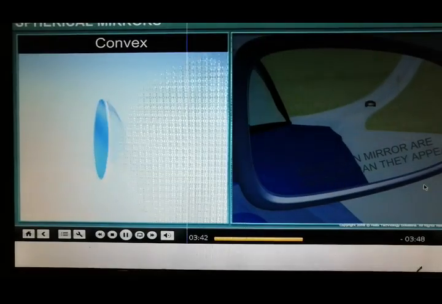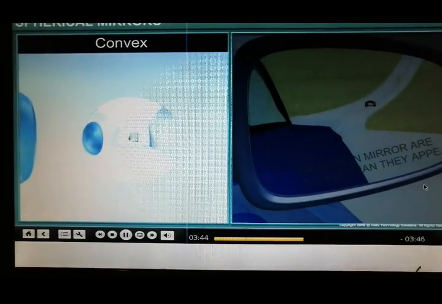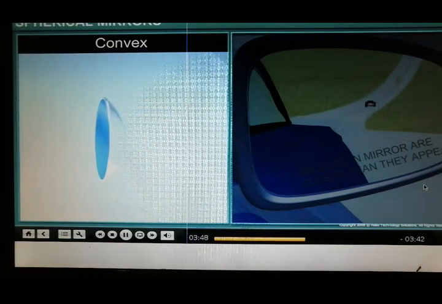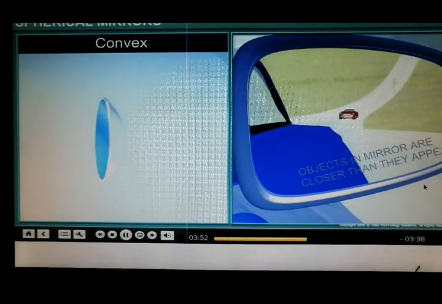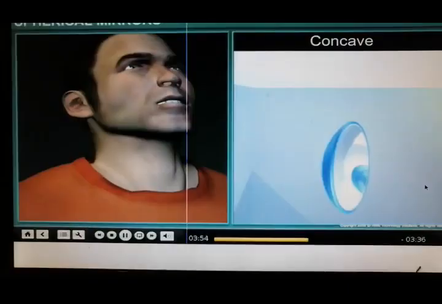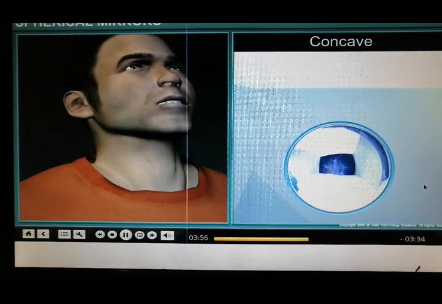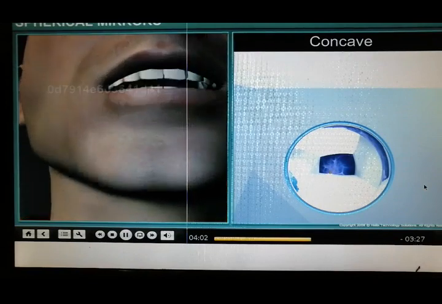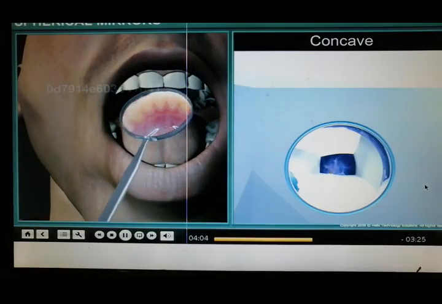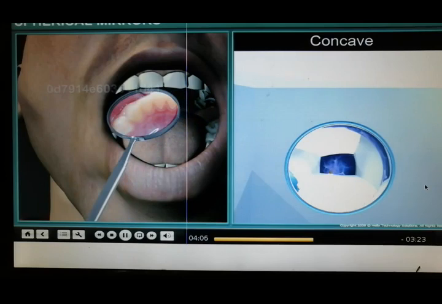A convex mirror reflects light from its outer spherical surface and has a silver coating on its inner surface. Convex mirrors are usually used as rear view mirrors in automobiles. A concave mirror reflects light from its inner spherical surface and has a silver coating on its outer surface. Dentists usually use concave mirrors to examine teeth.